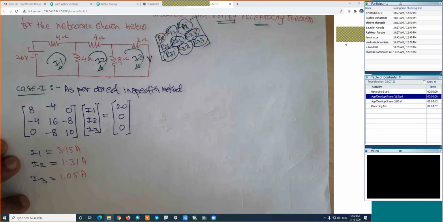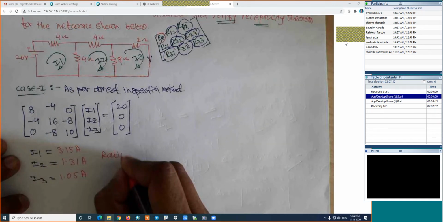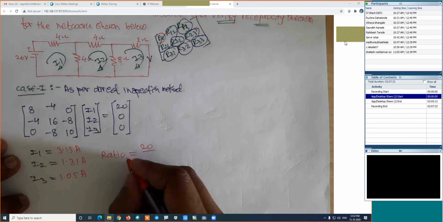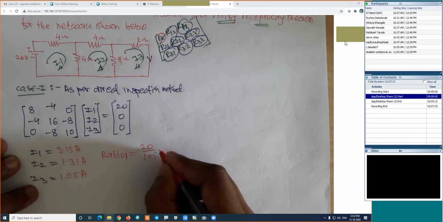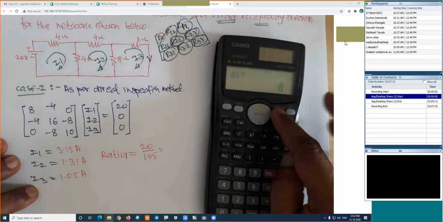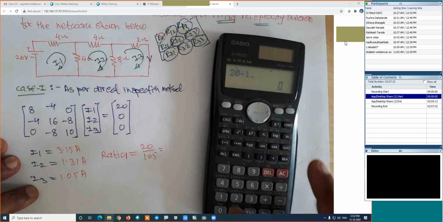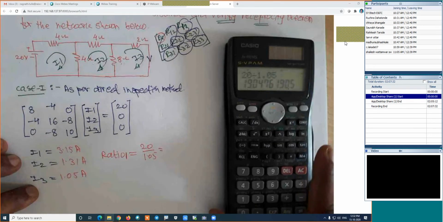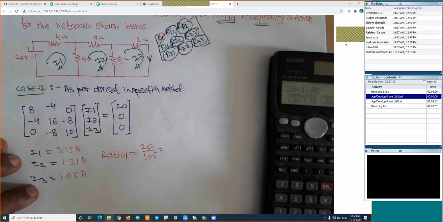Now, in case 1, we will find out the ratio. I will call it ratio 1: 20 divided by 1.05. How much is this ratio? I will come back to the normal mode. 20 divided by 1.05 is 19.04.